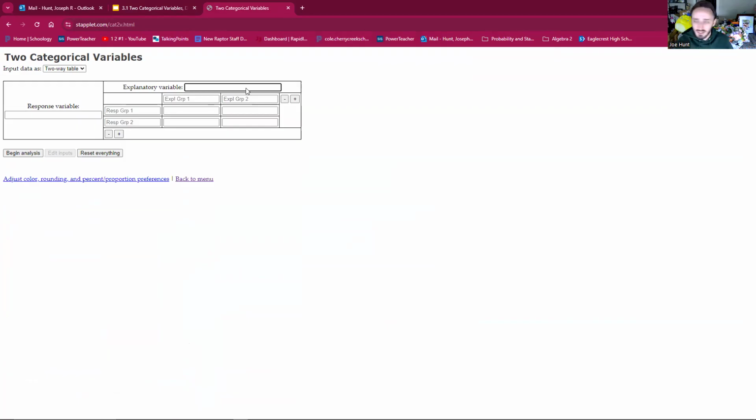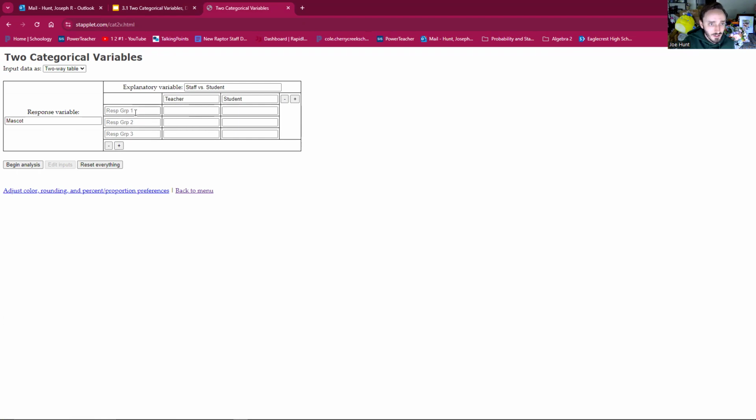I'll say maybe that the explanatory variable is staff versus student. I just have two categories there, right? I'm either a teacher or I'm a student. In my response variable, I might say mascot. And in that particular setup, when I click this plus button to add a row, I've got three choices. They could have been Cougars, they could have been Raptors, or they could have been Wolves.